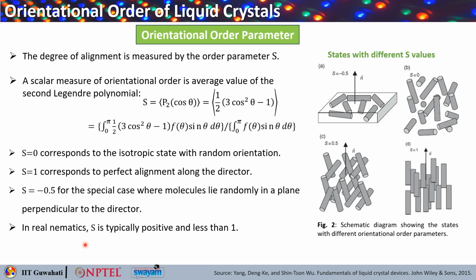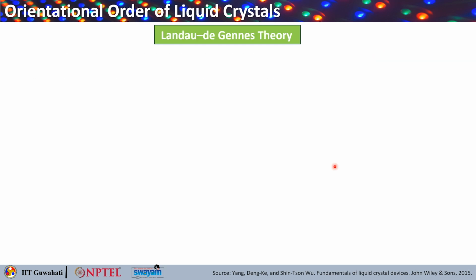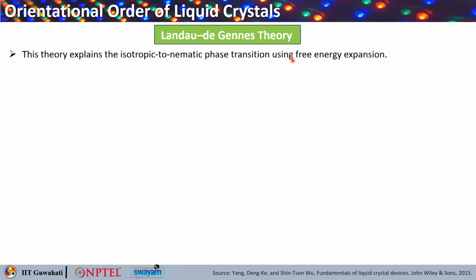In the case of real nematics, S is typically positive and less than 1. It can be like 0.5, where they are aligned towards the main director, but there is some bit of randomness. Now we can go to the Landau-de Gennes theory.